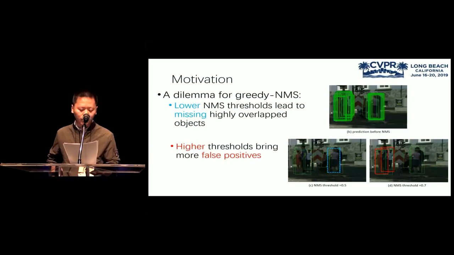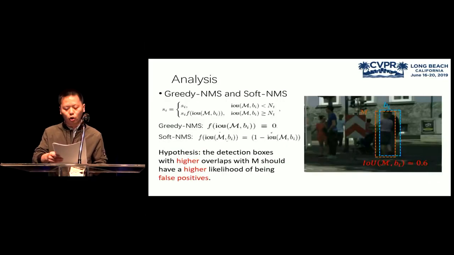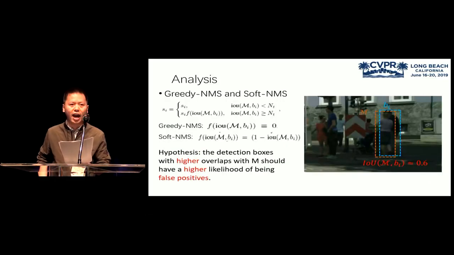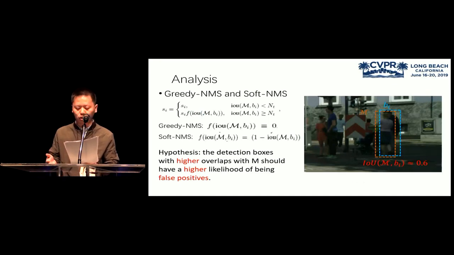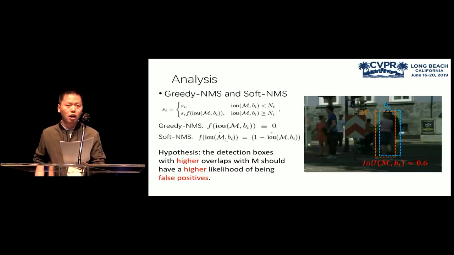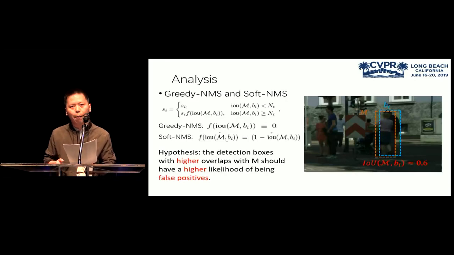Specifically, greedy NMS and soft NMS first pick a proposal with the highest score, capital M. And then they rescore the bounding boxes around M according to their overlaps. The rescoring strategies may be different, but they hold the same hypothesis that the boxes with higher overlaps with M should have a higher likelihood of being false positives.